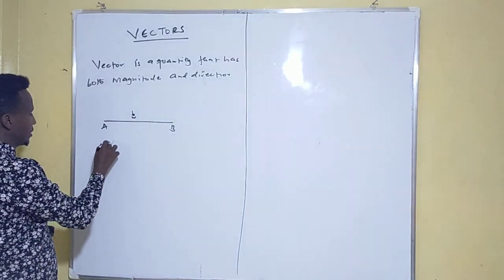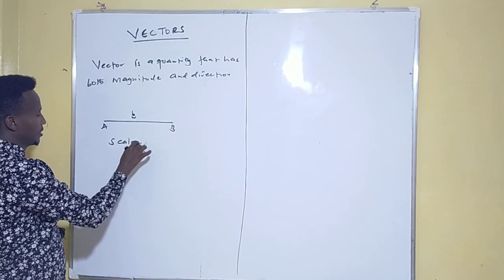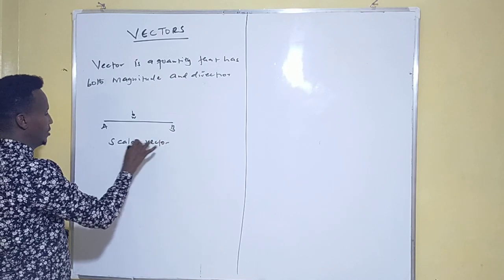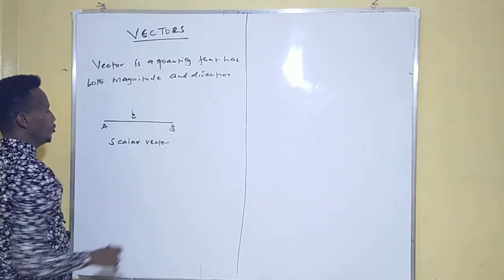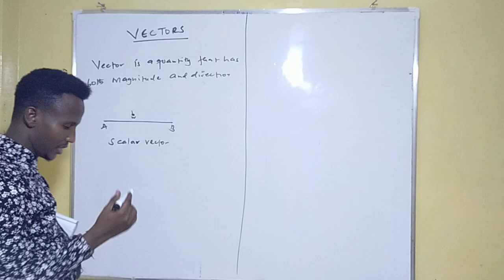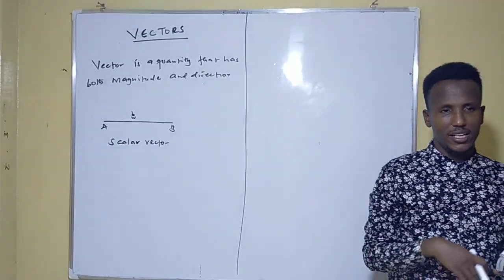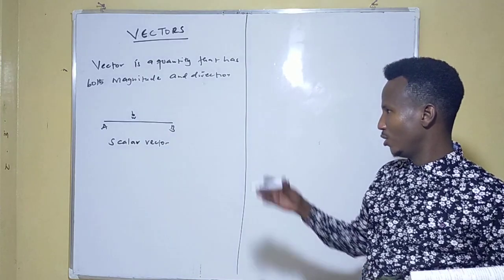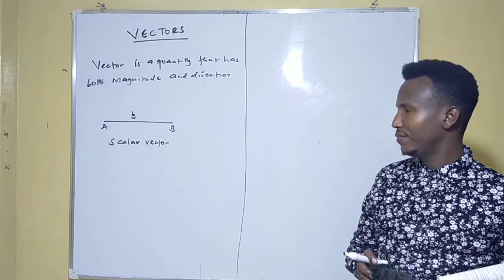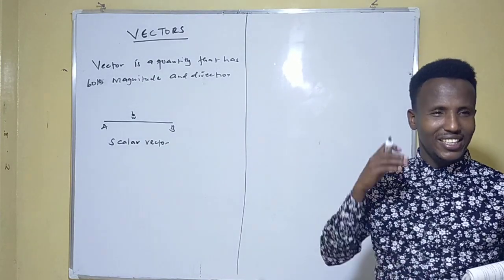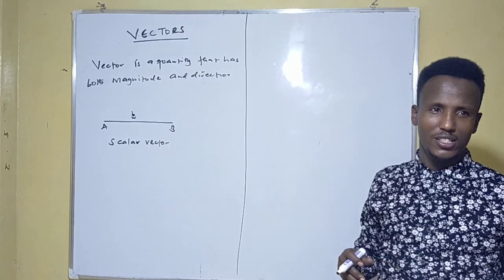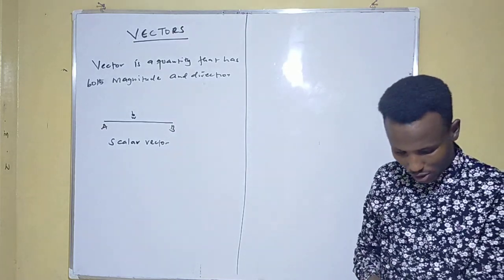This vector is called a scalar vector. A vector which has magnitude only, just like distance, okay? So it's a scalar vector, for your information, guys. Just understand the basic concept of this vector we're talking about, okay?